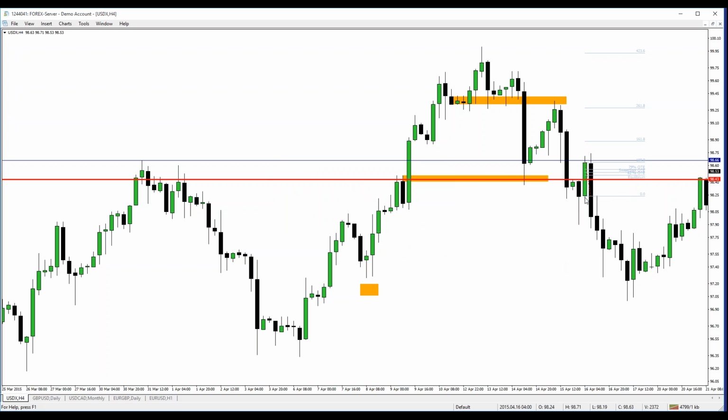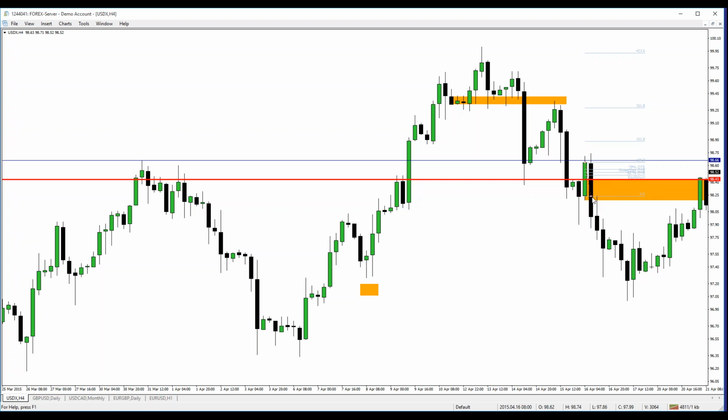I'm saying that we need to take this into consideration. Right there. And that's how your bearish order block would be based on this market action in here.